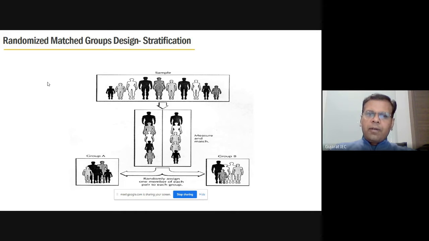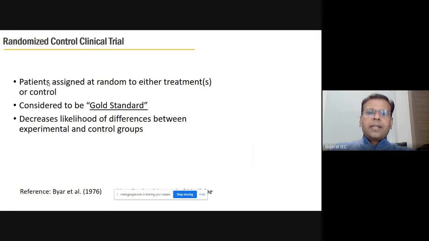If you have one long patient in one group, there will be a long patient in the other group. A short in one group, the next short would go in the other group, and that's how you stratify them. This randomization is typically the gold standard when we come to clinical trials, and it is essential that we randomize in the standard procedural way.